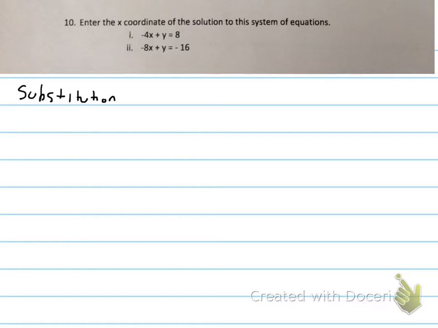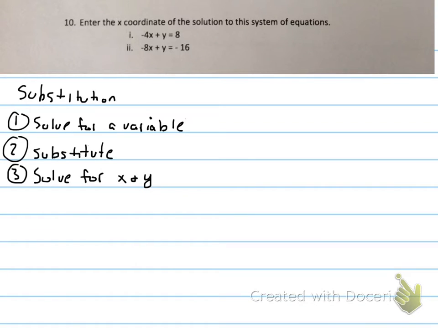First step. I wrote down a quick list of steps. I made it pretty short, but the basic steps are there. Solve for a variable, it could be x or y, then substitute, and then solve for x and y.